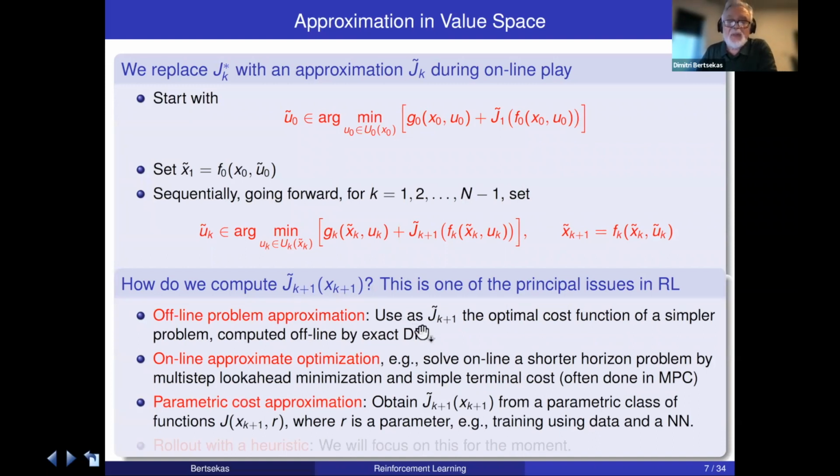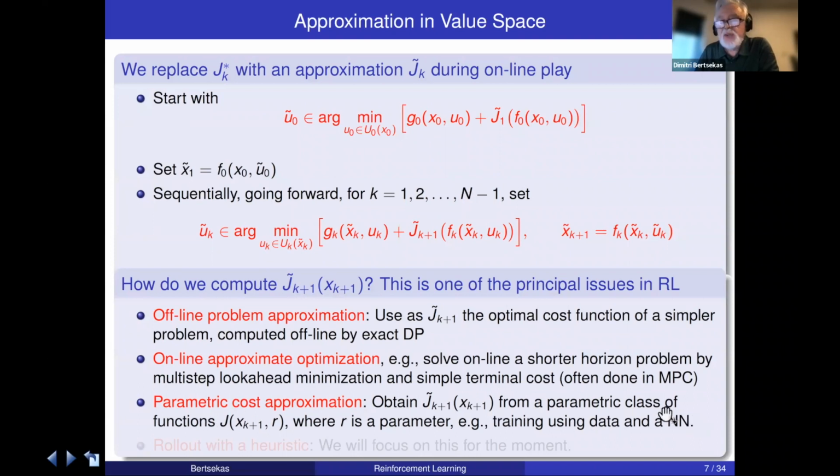Here's another possibility: obtain these J tildes by training. Approximate them parametrically. Introduce a parametric class of functions which involve a parameter r, which is tunable, and then tune r by training using data and perhaps a neural network or some other approximation architecture.